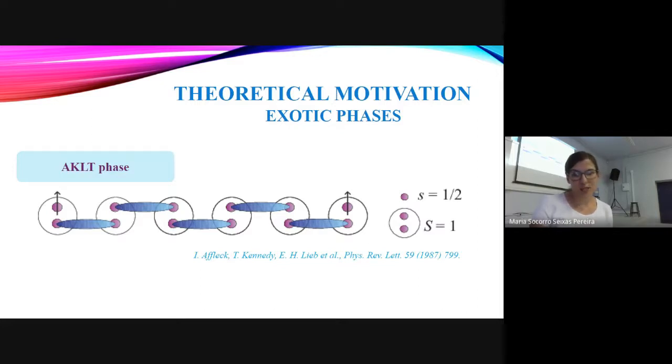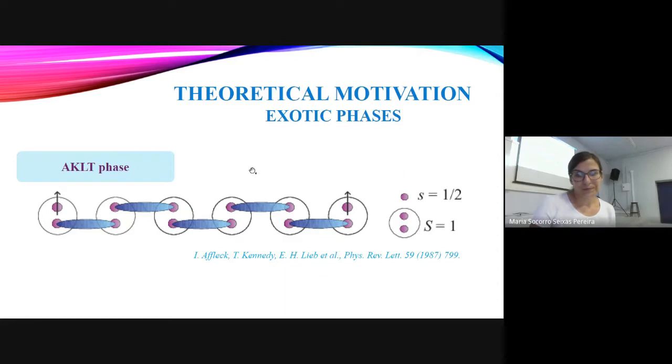And how to imagine it? You can imagine that in a linear one-dimensional chain, you have spin 1 atoms, and spin originates from electrons which have spin 1/2. So each spin 1 can be seen like two spins 1/2.